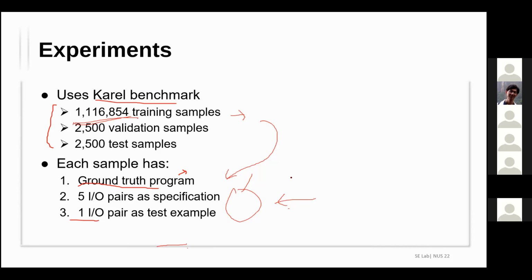But here, I still have a concern. Once we randomly generate a program, that program per se is just a specification. And the problem is whether 5 pairs of input-output is enough, right?